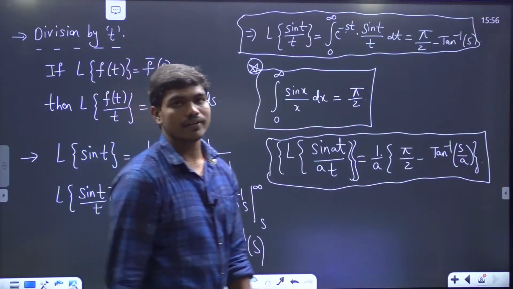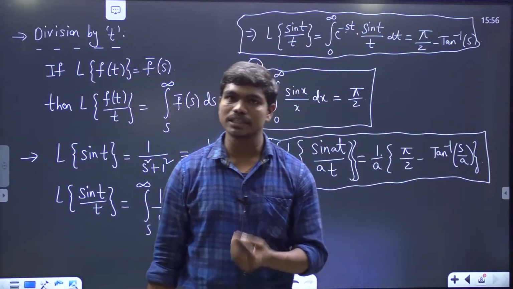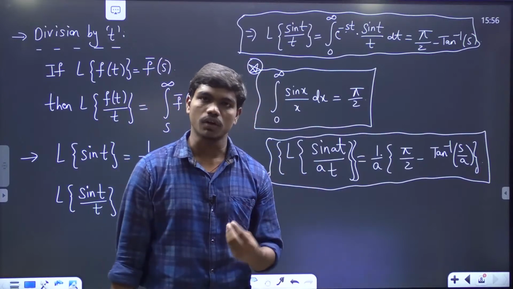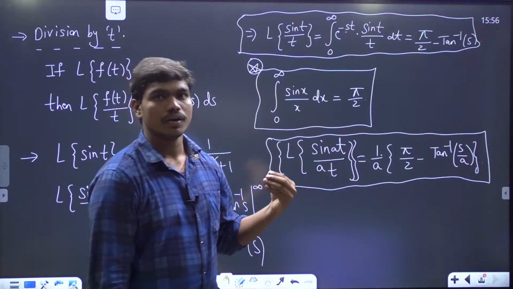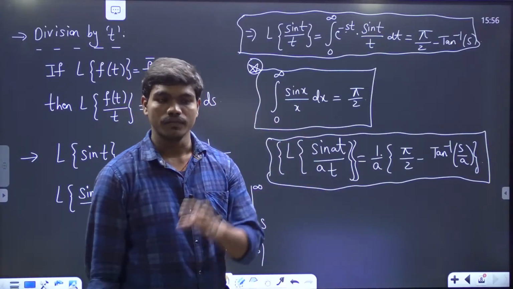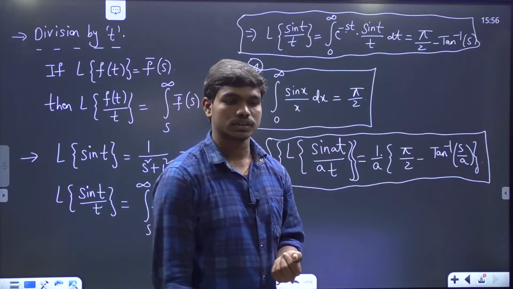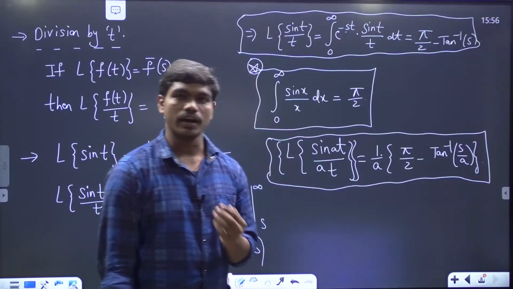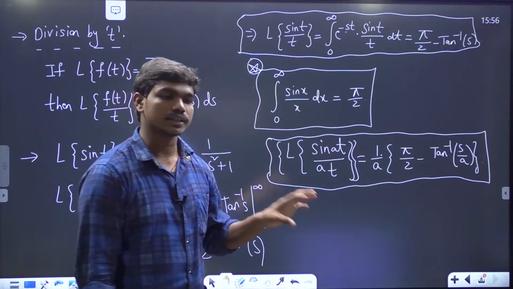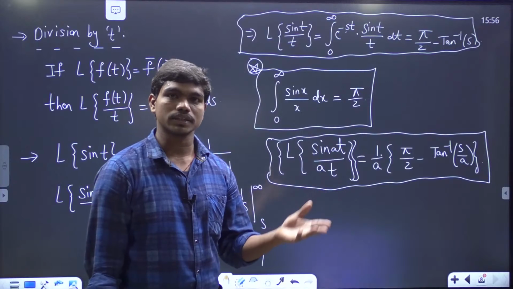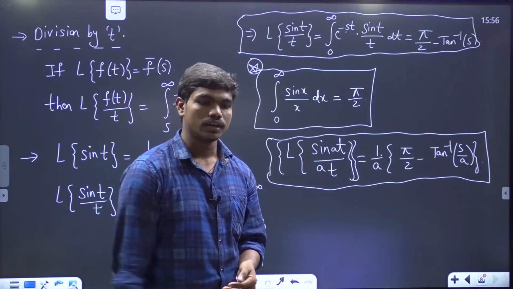Basically, if you have any function, you can try to calculate the Laplace transform straight away from the definition, from the kernel function. If it's not possible, if you have some multiplications of t, or some e power at's, we have seen enough properties for calculating Laplace transforms of different functions. In the exam, as far as the mathematics part is concerned, they'll give you a function and ask for the Laplace transform of that function.